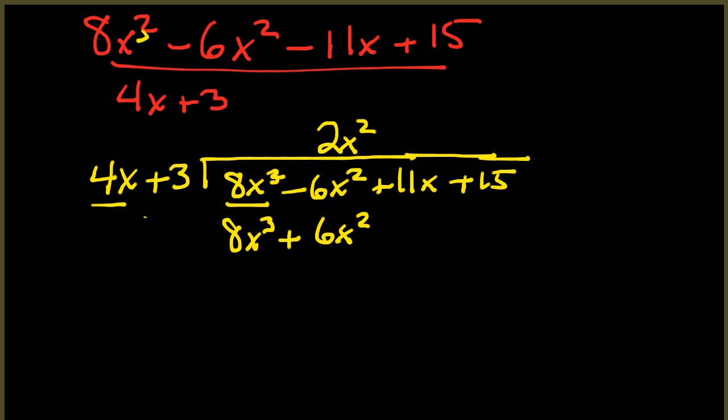Now I'm going to subtract the entire thing. That makes this a negative and this a negative. These cancel out, and what I'm left with is negative 12x squared.